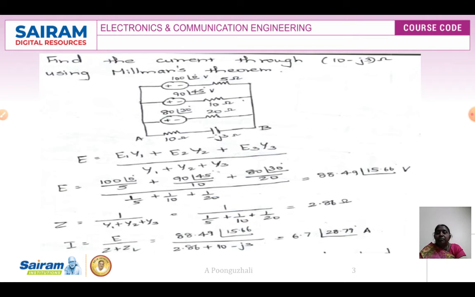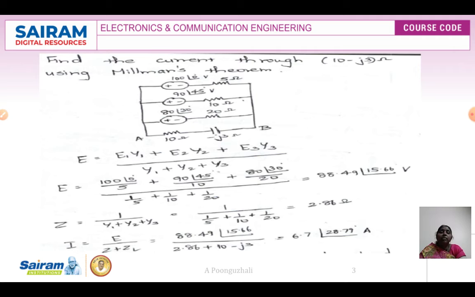Next is the impedance. Z is equivalent to 1 by Y1 plus Y2 plus Y3, that is 1 by 5 plus 1 by 10 plus 1 by 20, which gives 2.86 ohms. Now we want to find the total current through the load impedance: I is equal to E by Z plus ZL.